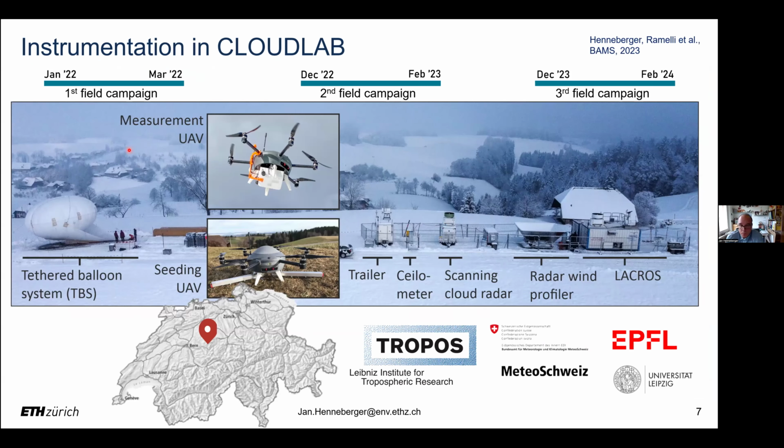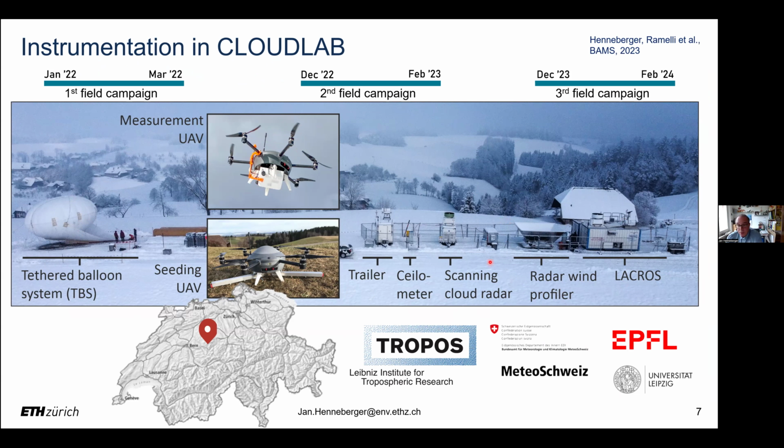So that is again the picture of our field site from the beginning. You see here a drone with two flares attached behind the metal protection. We had a second drone for aerosol measurements, also using the POPS instrument, an aerosol spectrometer, the tethered balloon on the ground for in situ measurements, and a lot of remote sensing instruments.